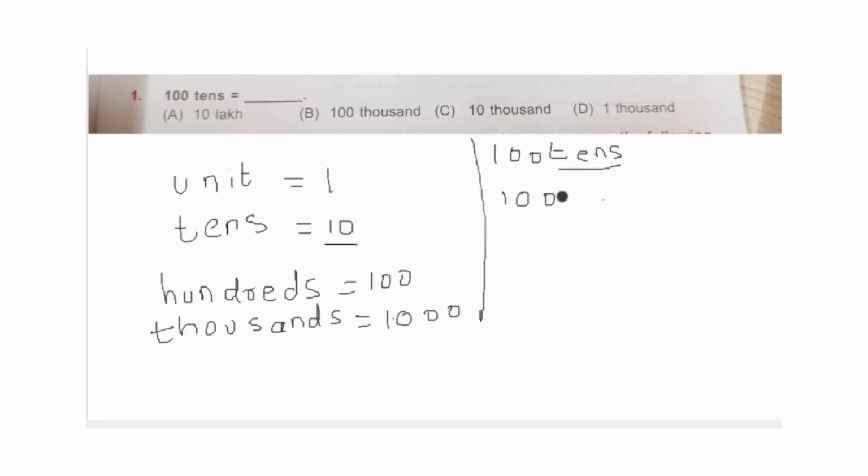So we will multiply it by 10. Since you are multiplying it by 10, you will add another 0 to the expression, which is 100, followed by one more 0, which gives us 1000. The correct answer is 1000, which is option number D.